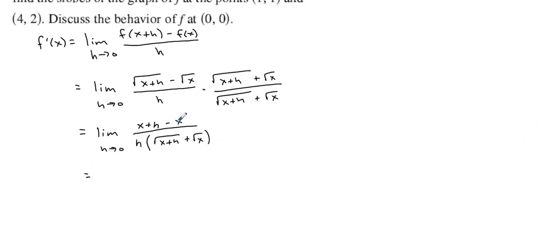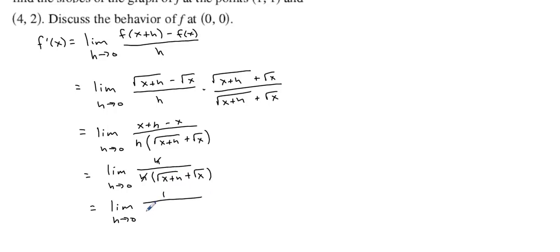Looks like we have x minus x in the top. So we have h over square root of x plus h plus square root of x. Looks like h is divided to 1. One over square root of x plus h plus square root of x.